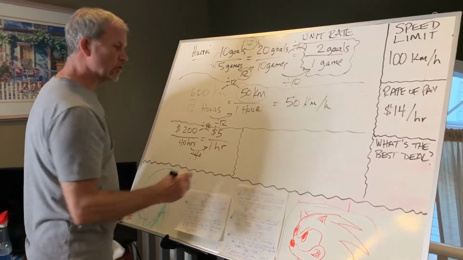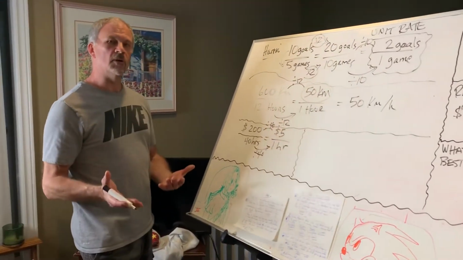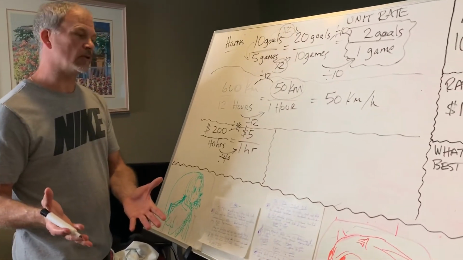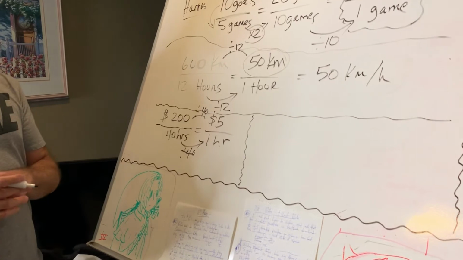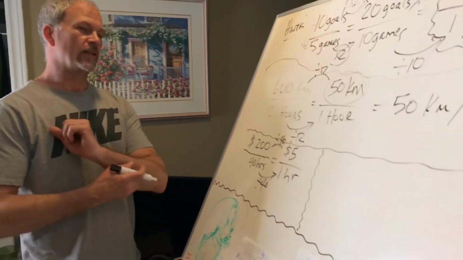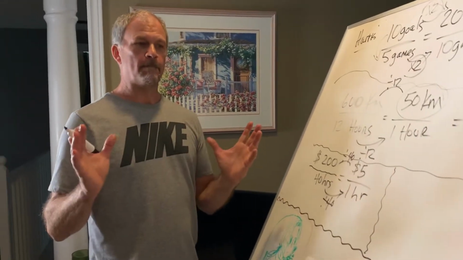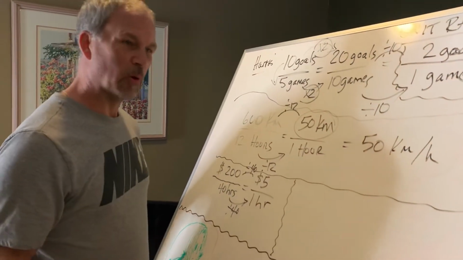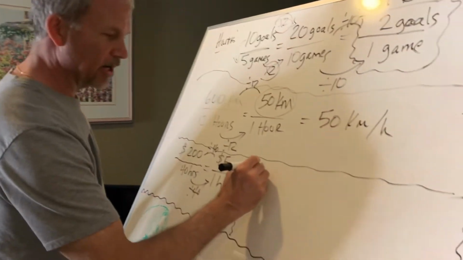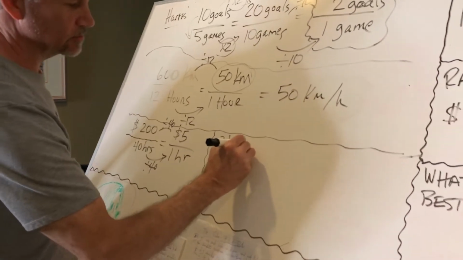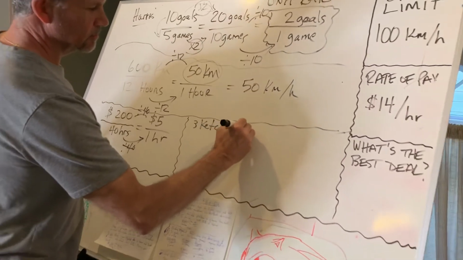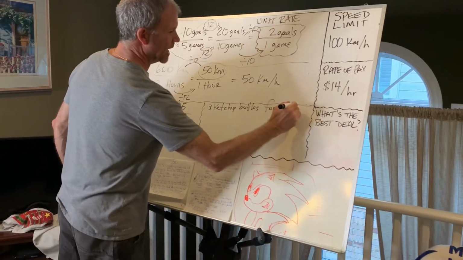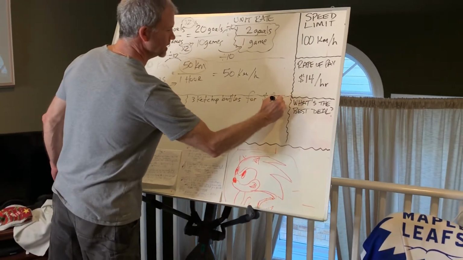Now, while we're on the unit rate topic, combining that with, you know, how do I find out whether I'm getting the best deal? And maybe some of you guys have been shopping at Costco. That's the typical budget area where you end up buying in bulk. So let's say I can buy 3 ketchup bottles for $9.30.